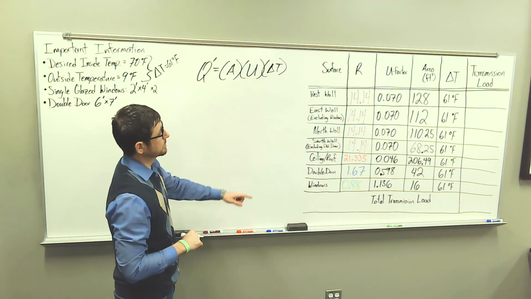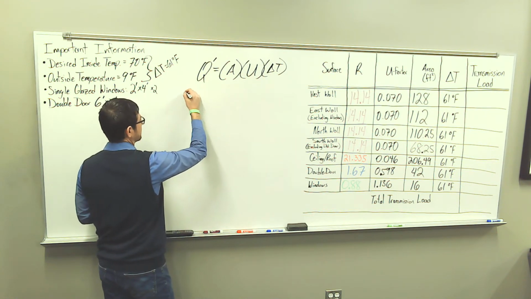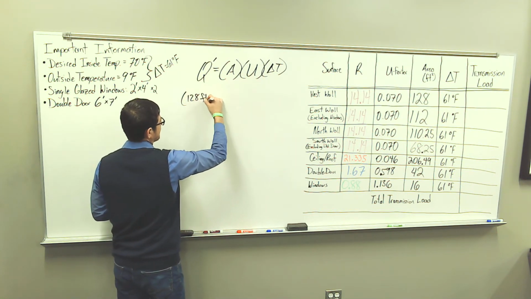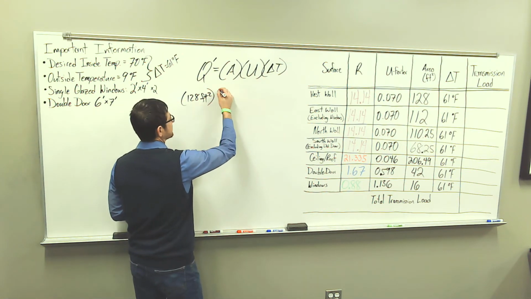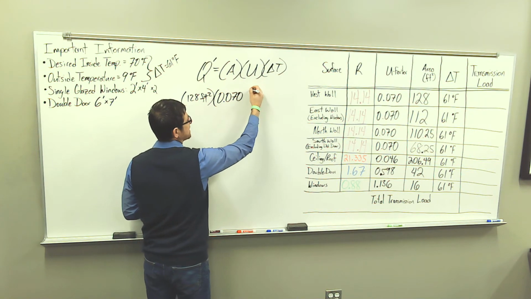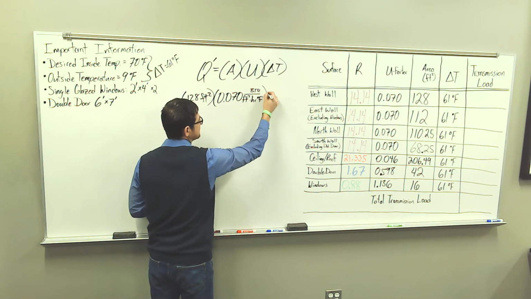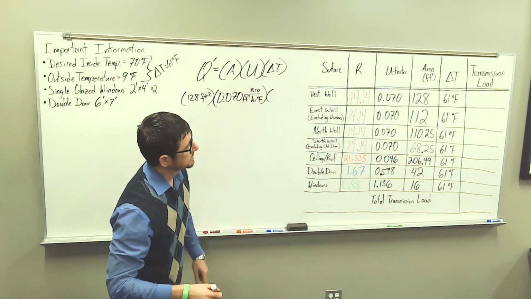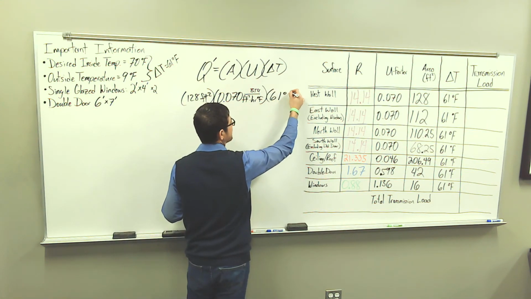The area of the west wall is 128 square feet. Our U factor is 0.070, with units of BTUs per foot squared, hour, degree Fahrenheit, multiplied by a temperature difference of 61 degrees Fahrenheit.